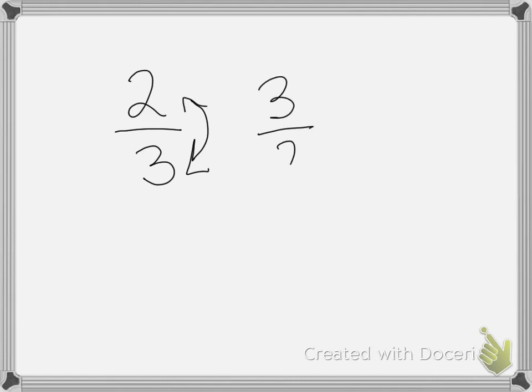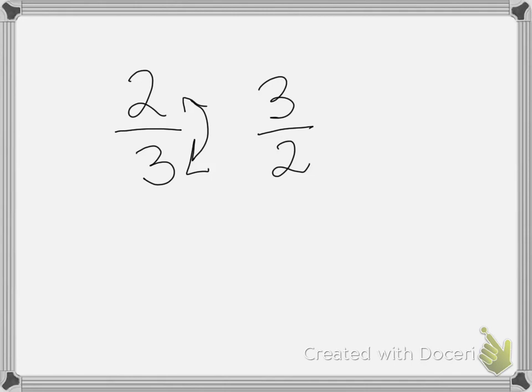A reciprocal is when I take a fraction, for example, 2/3, and if I switch the numerator and the denominator, my new number, 3/2, is the reciprocal of 2/3. The reciprocal has the same numbers, but the positions are reversed.